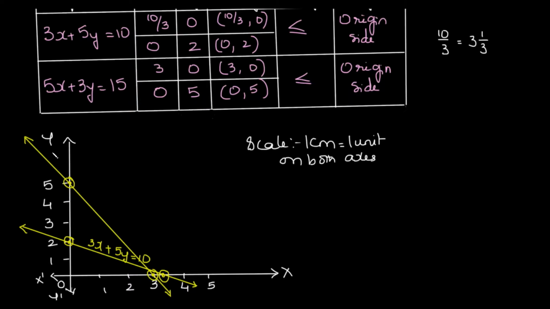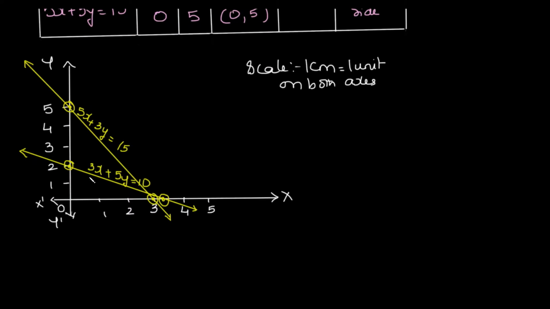The equation of this line is 5x plus 3y is equal to 15. Now the solution set for both these lines lies on the origin side, and the common region for both these lines is this one, which is given inside over here.